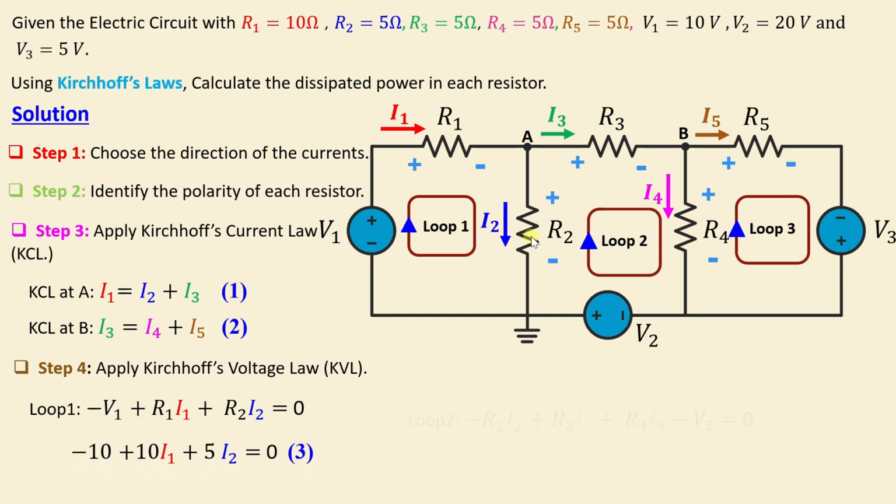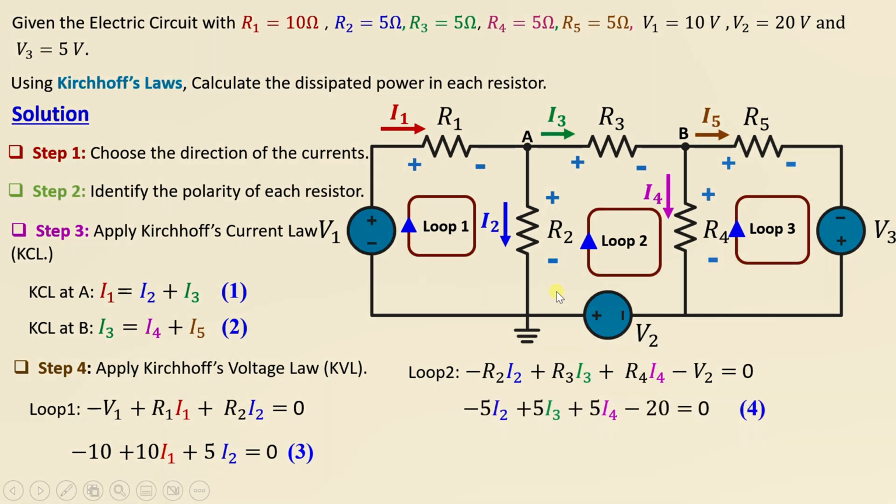We go now to loop 2. We can write here in loop 2 negative R2 I2 plus R3 I3 plus R4 I4 minus V2 is equal to 0, which gives negative 5 I2 plus 5 I3 plus 5 I4 minus 20 is equal to 0.